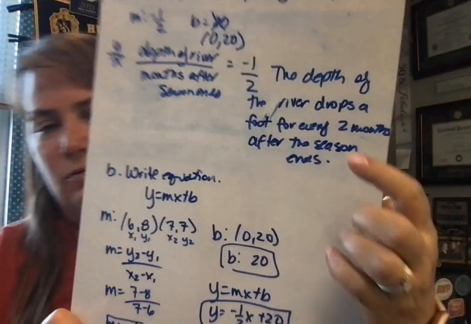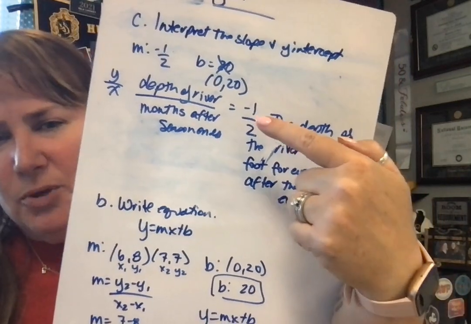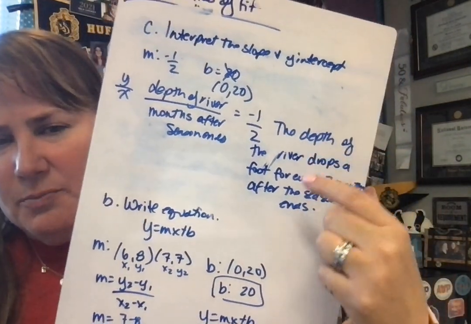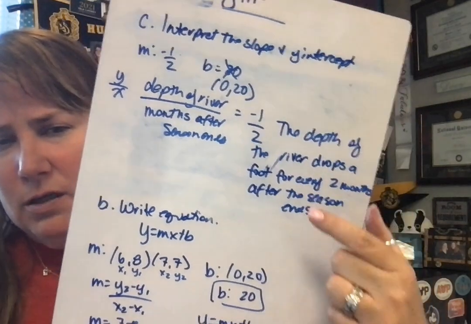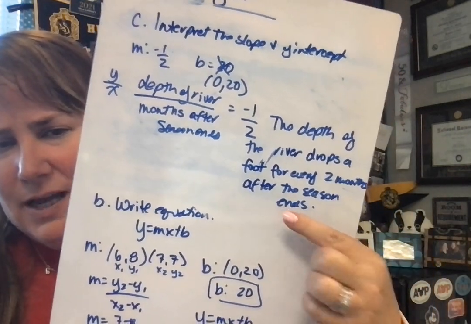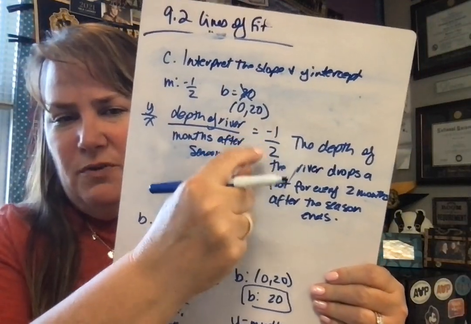Okay, so that's over here. So I put it right next to my slope. The depth of the river drops a foot, because that's 1, for every 2 months after the monsoon season ends. Drops a foot for every 2 months.